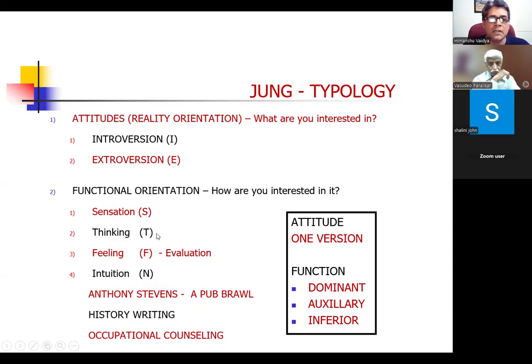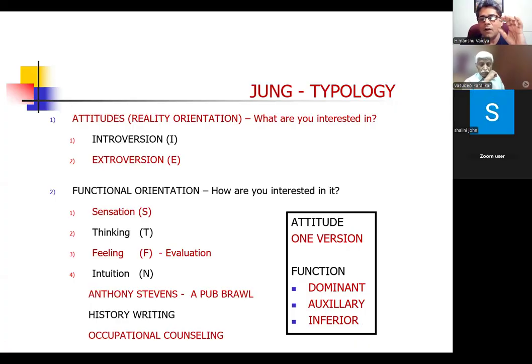And for some person, thinking is dominant. For that person, feeling will become auxiliary. So there is a dominant function, then there is a balancing function which is called auxiliary. And there is an inferior function, the least intense of all the four, the weakest of all the four, that Jung calls the inferior function. The third, he does not go into very much.